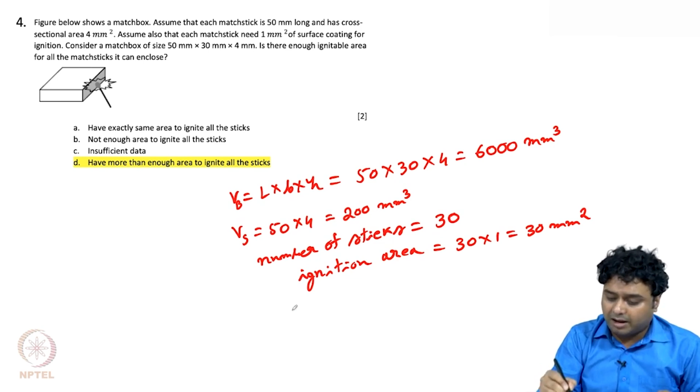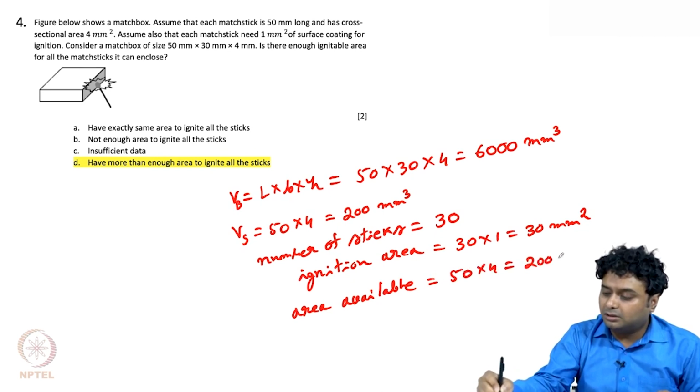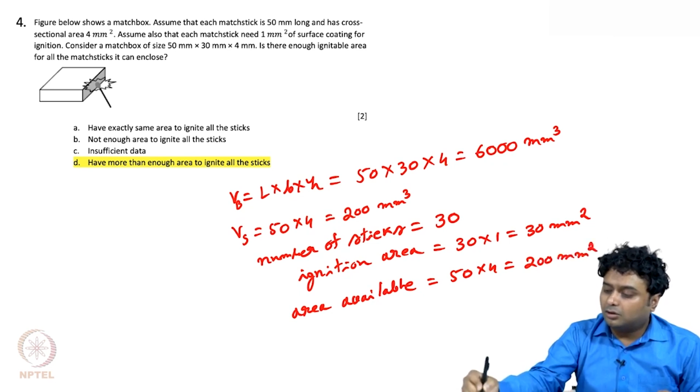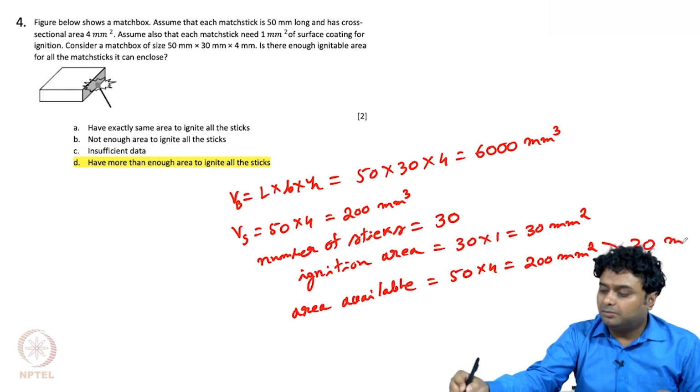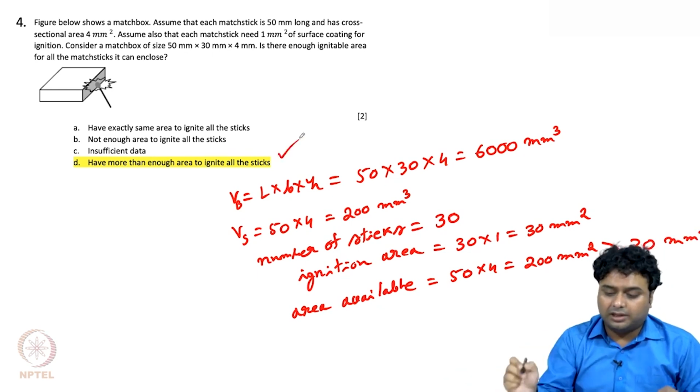So the area available is (50 into 4) equals 200 millimeter square, which is greater than 30 millimeter square. So we have enough area to ignite all the sticks.